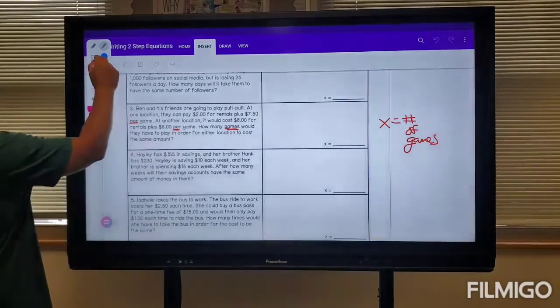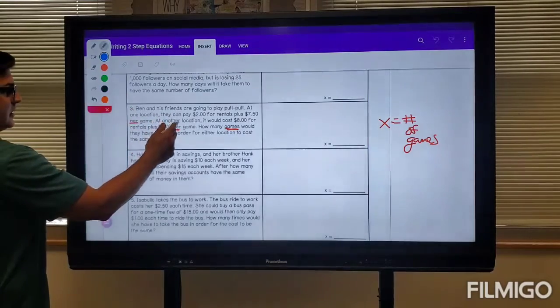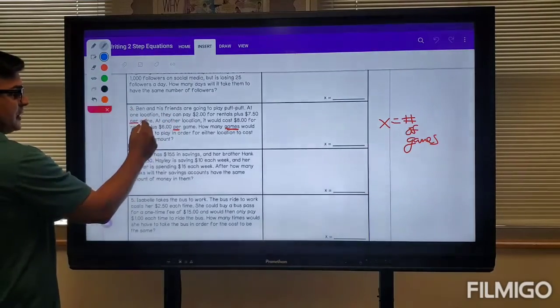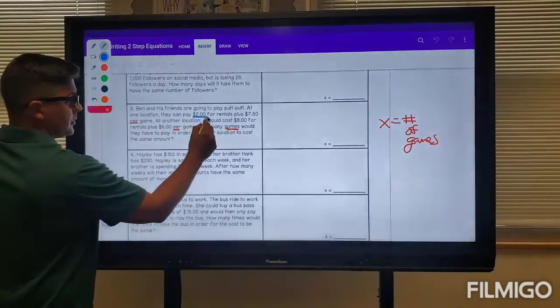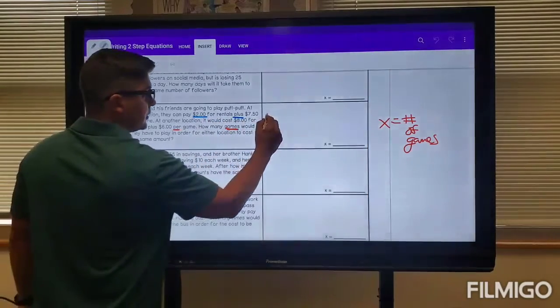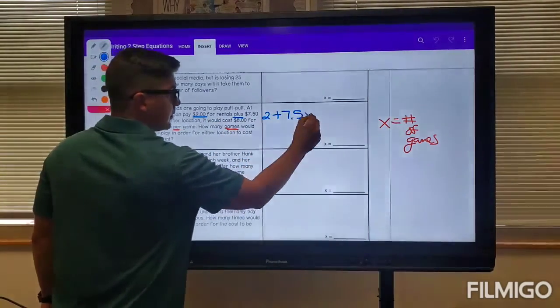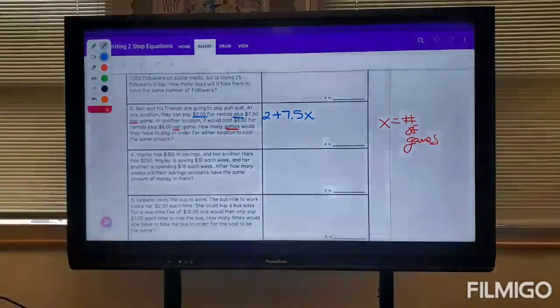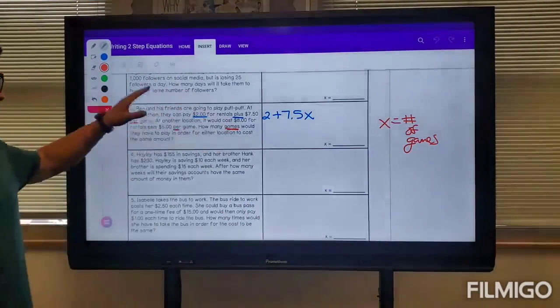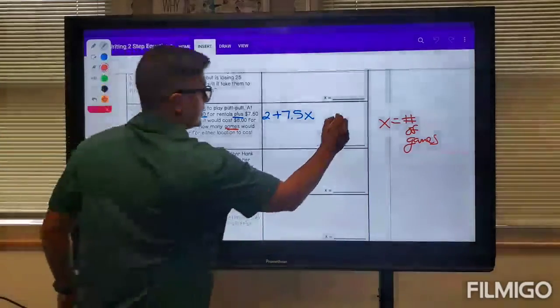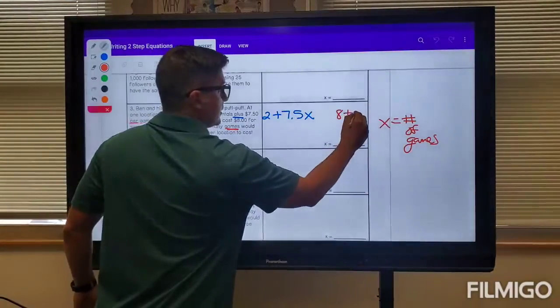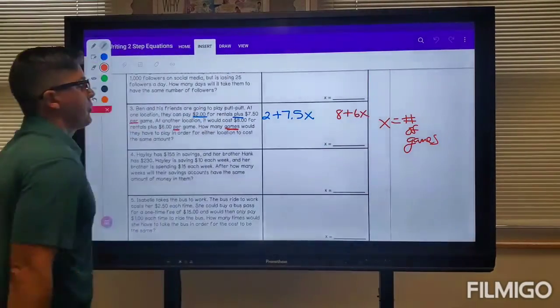So let's see. The first location, $2 plus $7.50 per game. In the other location, we have $8 plus $6 per game.